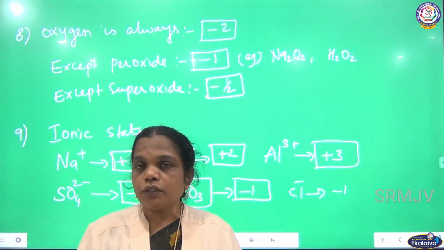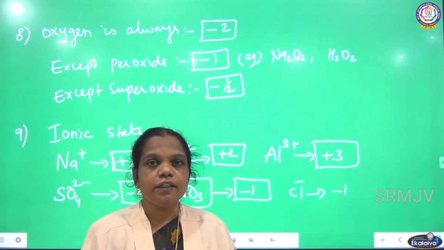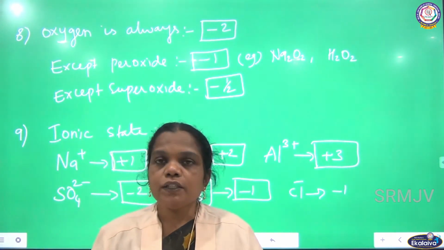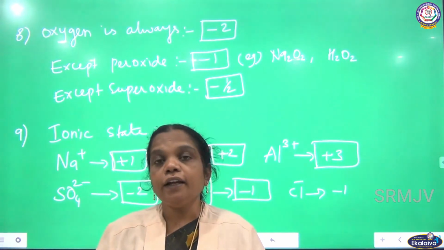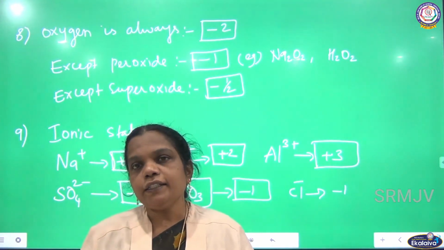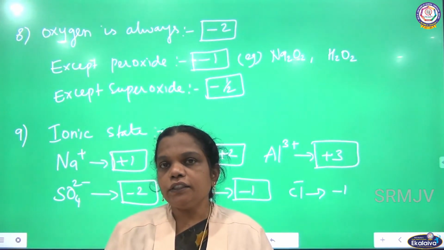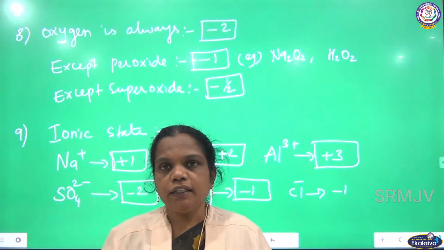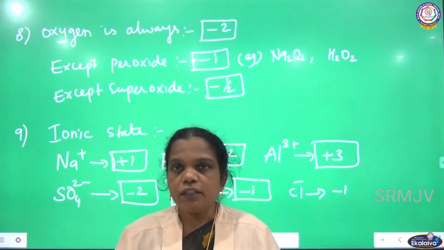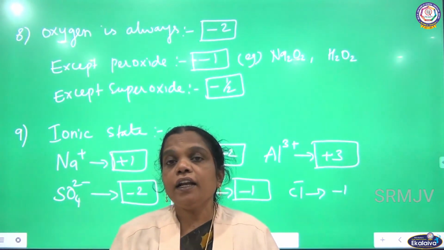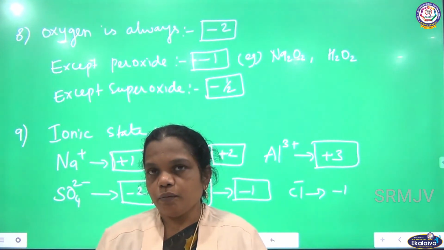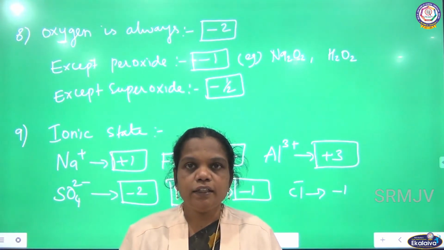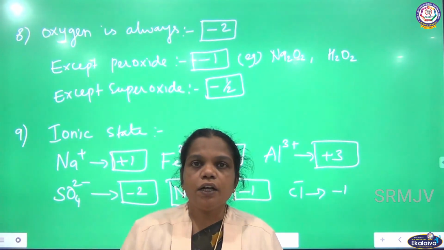Always the electropositive metals, first group: sodium, potassium, cesium, lithium, these all have +1 oxidation. And second group metals, calcium, magnesium, strontium, barium, these all have +2 oxidation number. Based on this you have to apply, and after that you have to check that the molecule forms a neutral one, so the algebraic sum becomes 0.